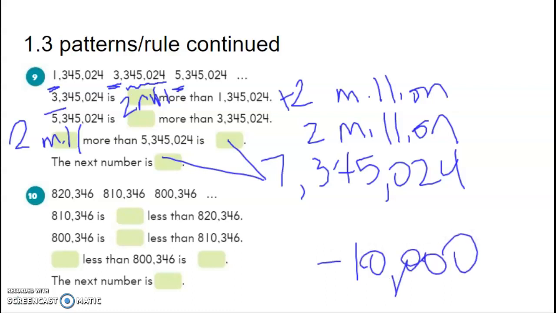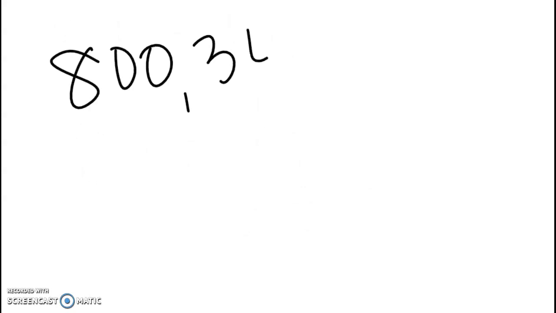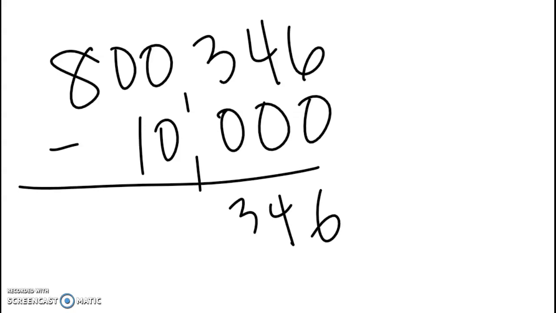Okay, so I know it's 10,000 less. And then if I look, oh yeah, 810 to 800, that's also 10,000 less. So then 10,000 less than this last one. Ooh, okay, 800, I can't just change one of those places. Let's think about that. If I have 800,346 minus 10,000, well, that's going to be 6, 4, 3, 0. 0 minus 1, I can't do it.